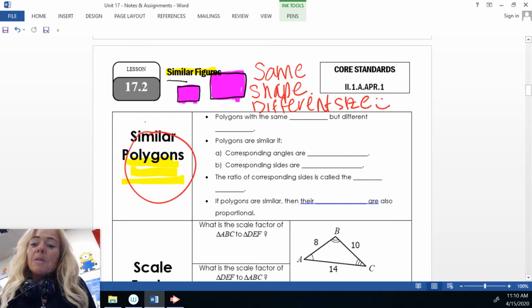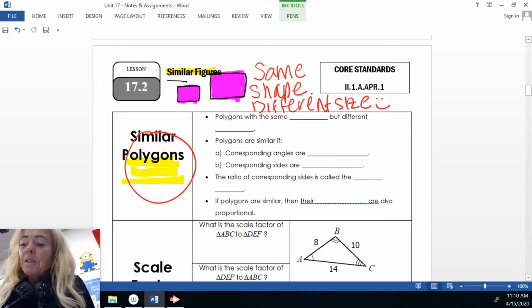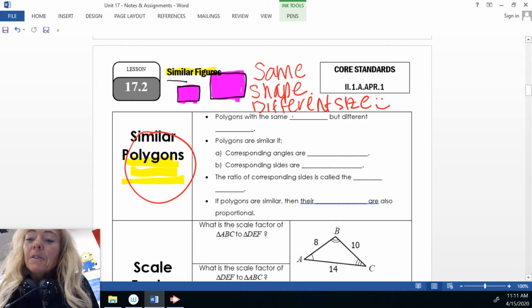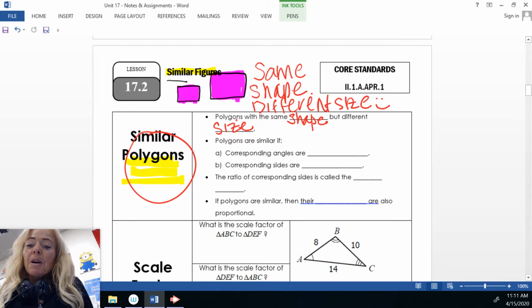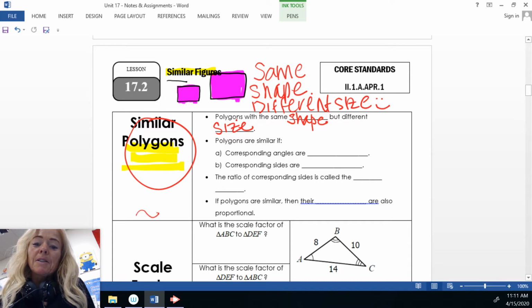Polygons with the same shape but different size are what we call similar. And polygons that are similar have this symbol.